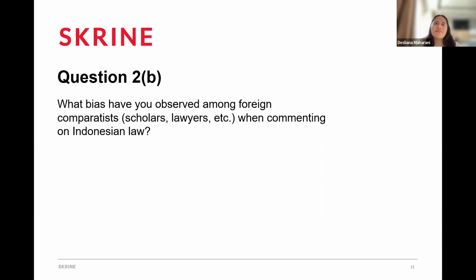I mean, there's some kind of difference between Indonesian law and any country's laws, and also they always subjectively judge the traditional law of Indonesia, and also because they never survey Indonesia directly.